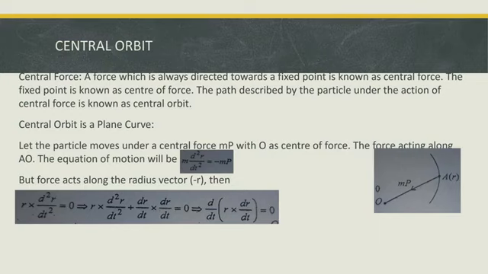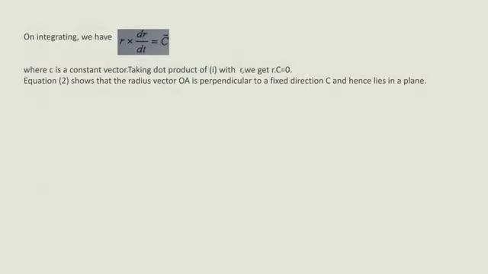On integrating, we have r cross dr upon dt equals c, where c is a constant vector. Taking the dot product of 1 with r, we get r dot c equals 0. Equation 2 shows that the radius vector OA is perpendicular to a fixed direction C and hence lies in a plane.